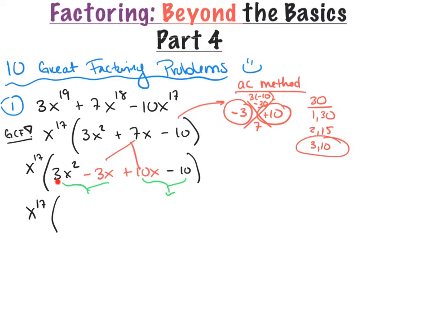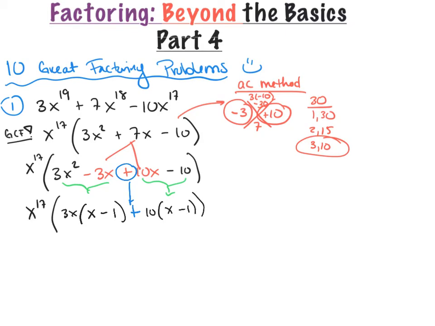Your GCFs will look a little different, but you can still do the problem just fine. The way we wrote this, 3x squared and minus 3x, we can factor out a 3x from each one. And when we do that, we're left with an x minus 1. Bring down the sign in the middle, which is a plus. And between a 10x and a 10, we can take out the 10, again leaving us with x minus 1.